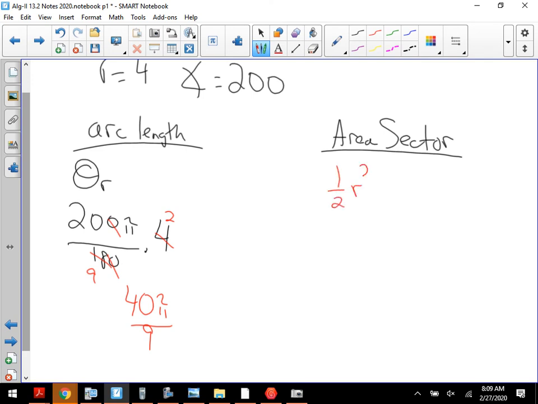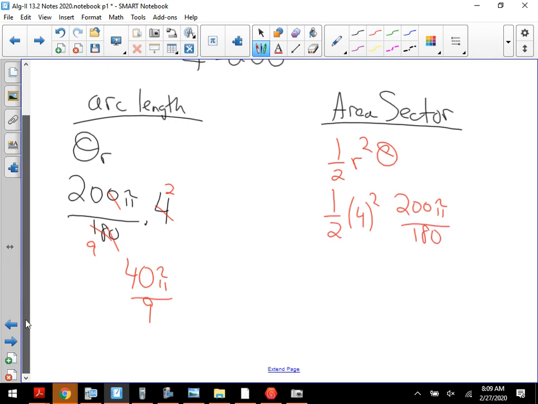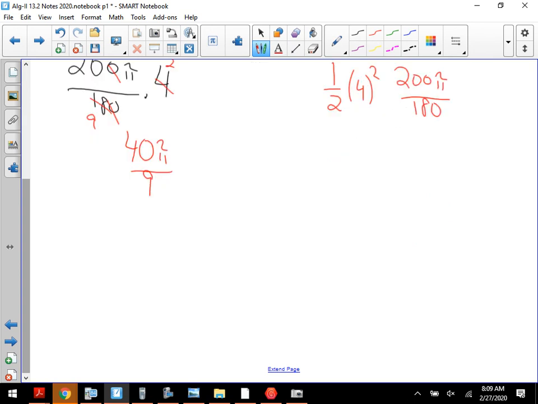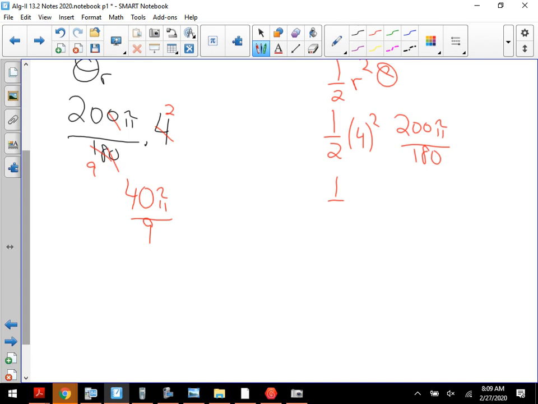And then the area of the sector, same idea: 1/2 the radius squared times theta, so we put it all together. We wind up with 1/2 times 4 squared, and then our 200 pi over 180. From here, it's just simplifying. Right off the bat, I know 4 squared is 16. So I have 1/2 times 16 times 200 over 180 times pi.